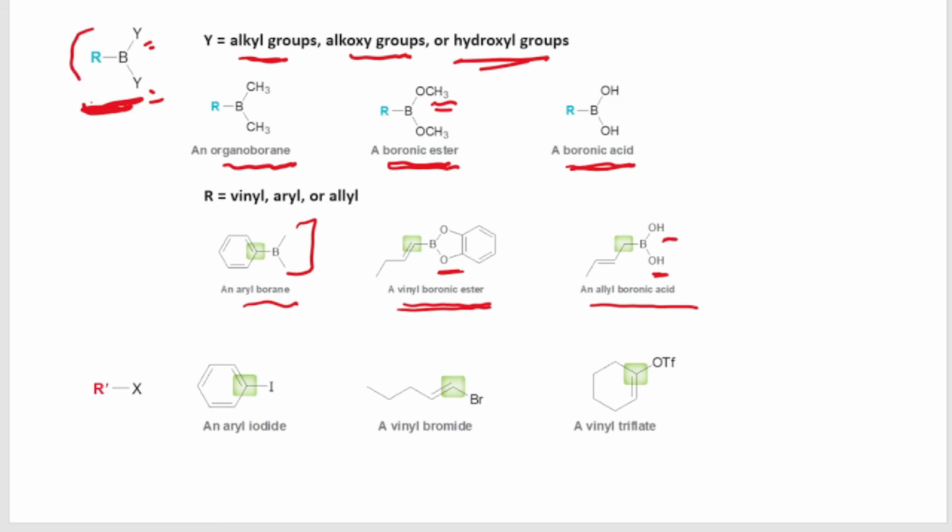And like in the Stille reaction, your R will be a vinyl, aryl, or allyl moiety. Regarding your organoelectrophile, your X can be iodine, bromine, or triflate OTf, and R prime will be your aryl moiety and vinyl moiety.